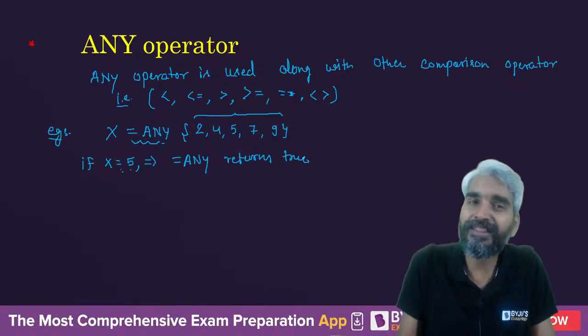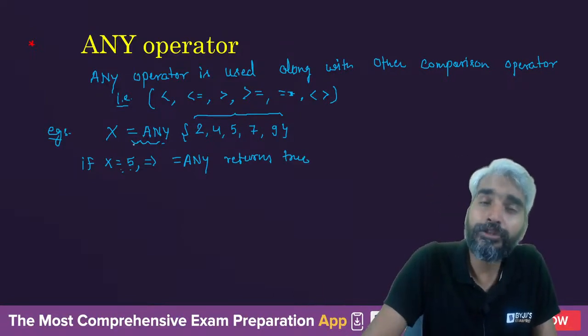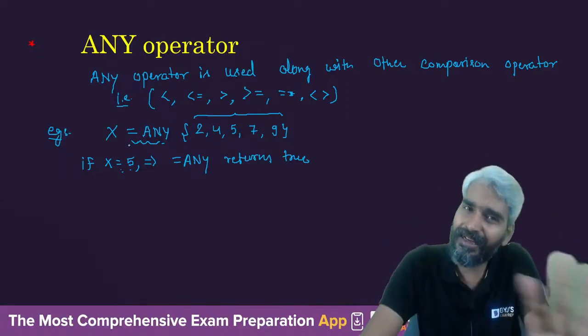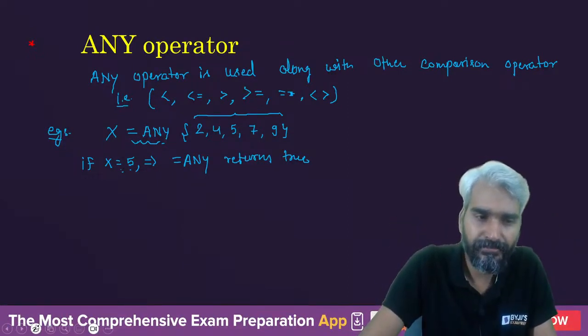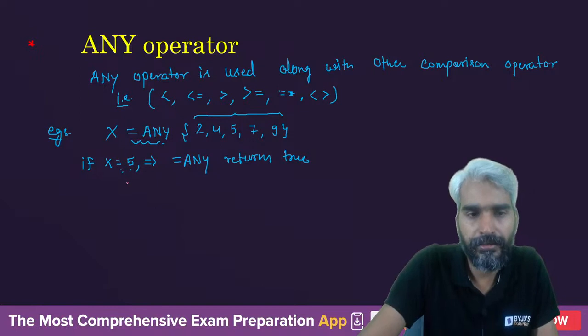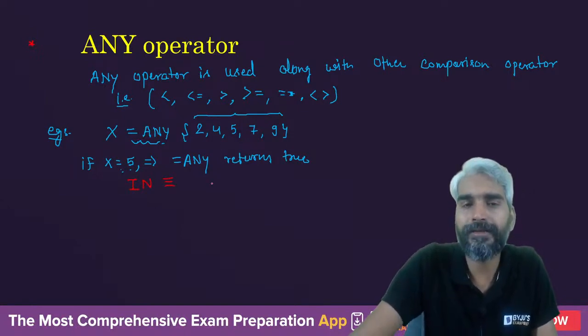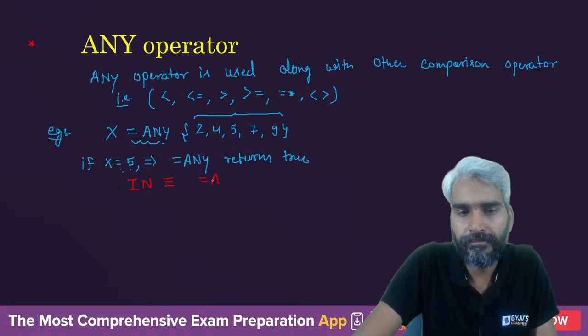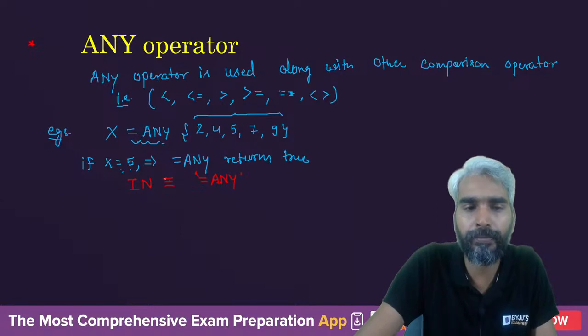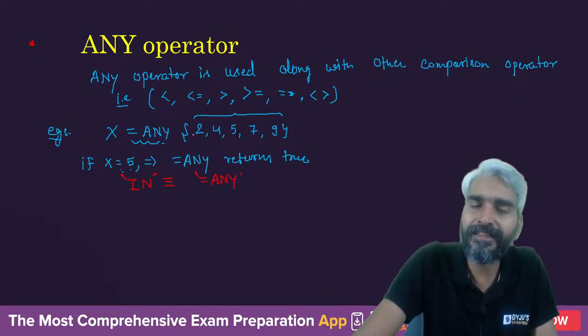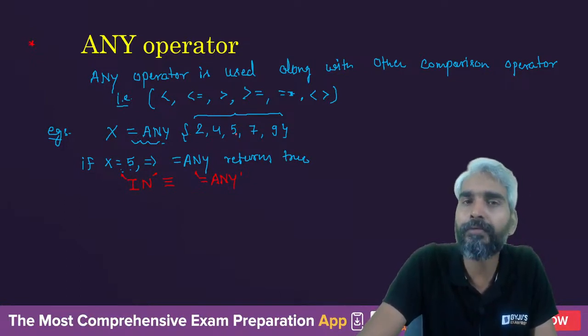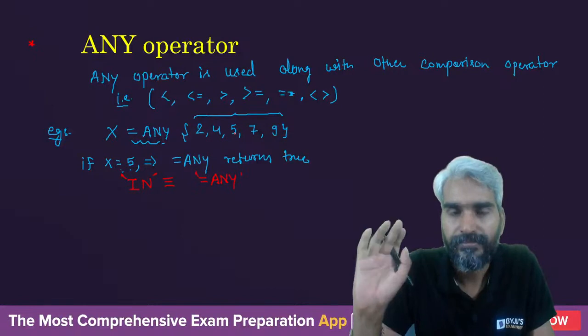So do you realize one thing, that equals to any and in are exactly same? So we can actually say that in operator is actually equivalent to equals to any. So there is no difference between in operator and equals to any operator. They perform the same task, whether x is in the set of tuples or not, or x is equals to any of the members of this tuples or not, right?